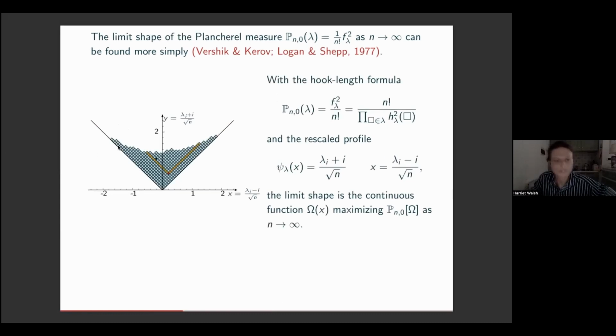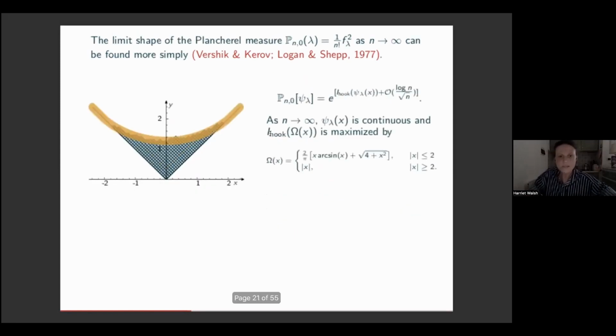We can write explicit terms this way, and this is just a piecewise linear function. And in fact, we can write the Plancherel measure as an integral over these functions and solve this optimization problem to find the limit shape this way.